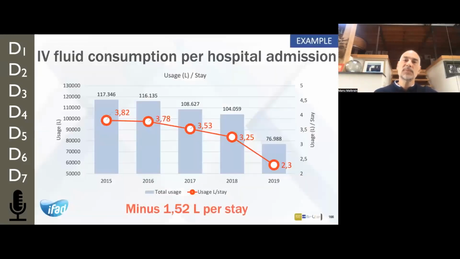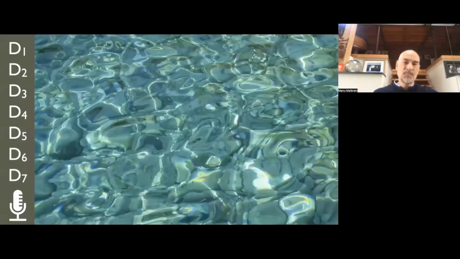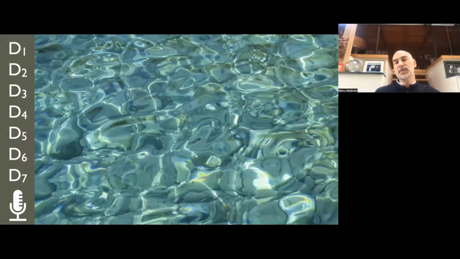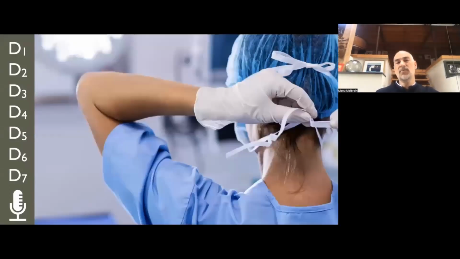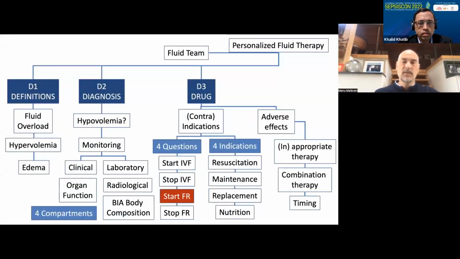This is what happened in Scotland, and in Brussels we had the same result, minus 1.5 liters per day or minus 0.2 liters per day. So, having said that, I hope I convinced you that perioperative fluids are not innocent bags of water, but they are drugs and should be considered accordingly. Think about this 7D framework.